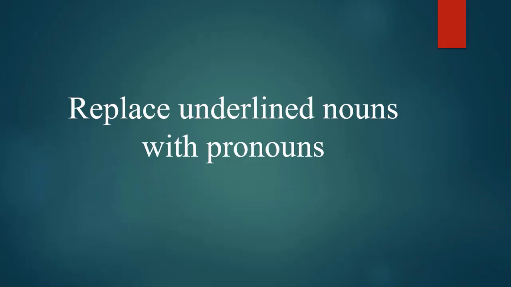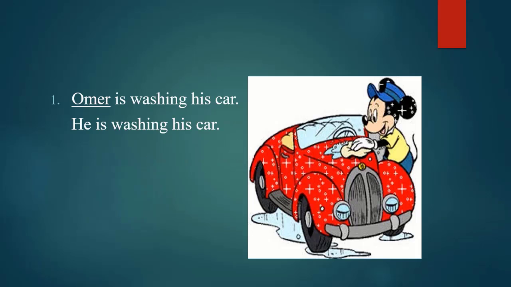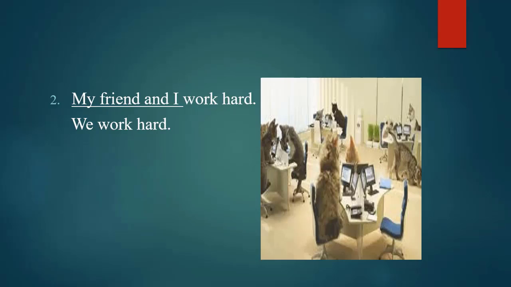Replace underlined nouns with pronouns. Umar is washing his car. इस सेंटेंस में उमर एक बॉय है so pronoun for Umar will be he. Our second sentence will become he is washing his car.